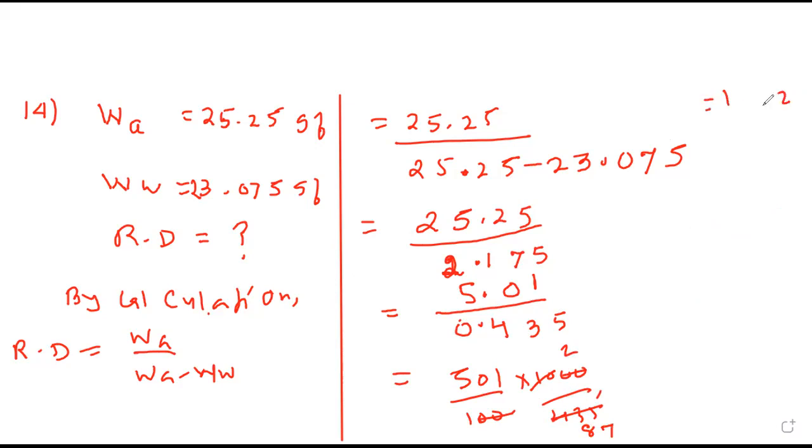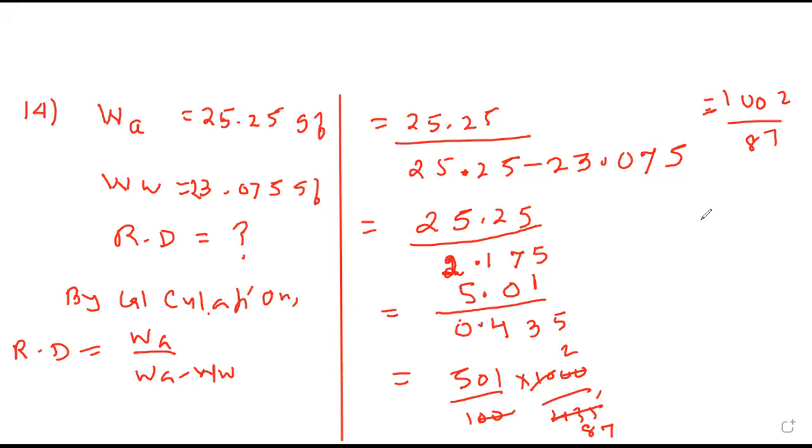So 1002 upon 87. Now you get it perfectly. 1002 divided by 87. Yes sir, it is coming 11.6.